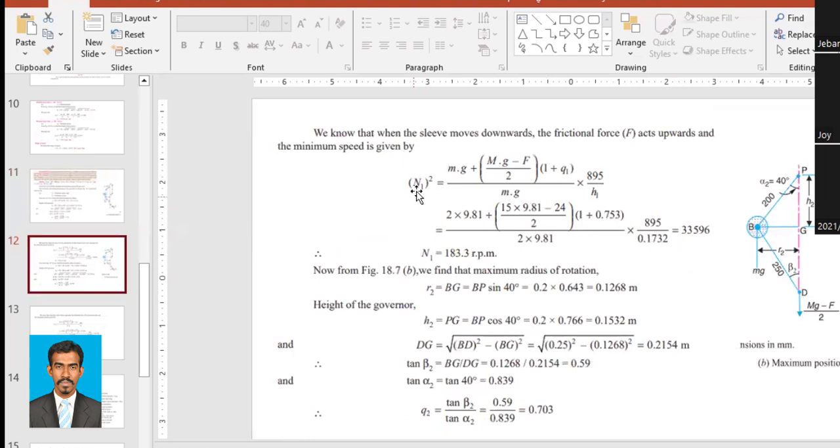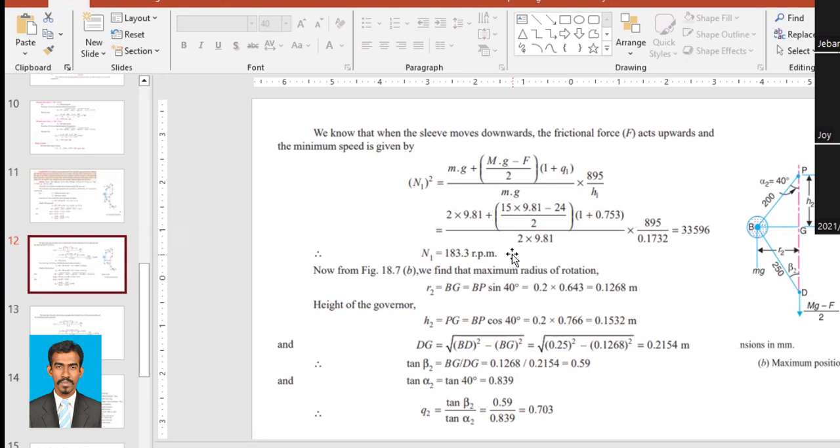When you solve it, n1 squared is 33,596, which means n is equal to 183.3 rpm. So this is for the minimum condition.